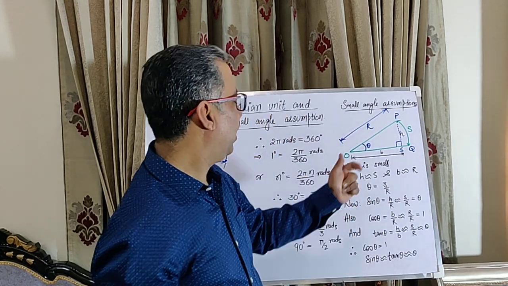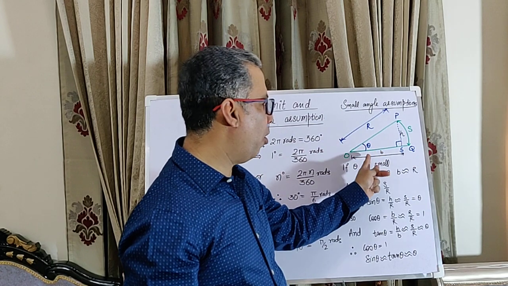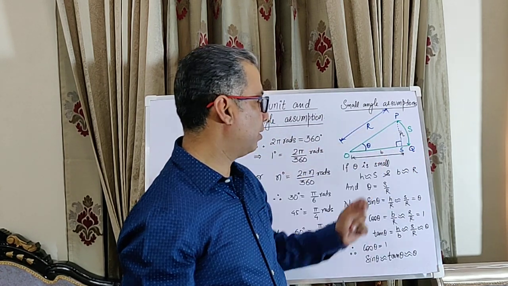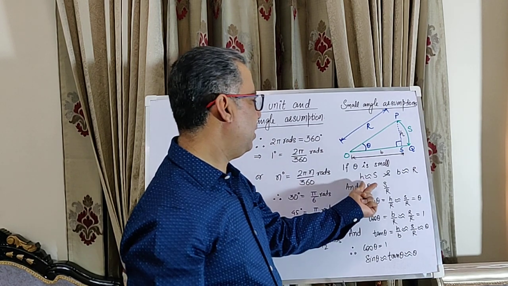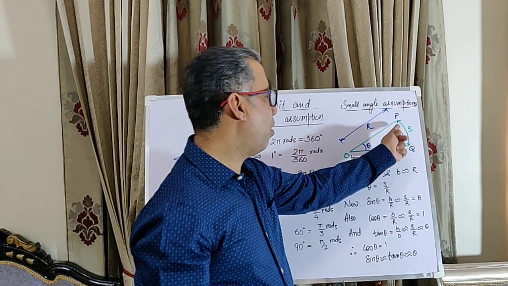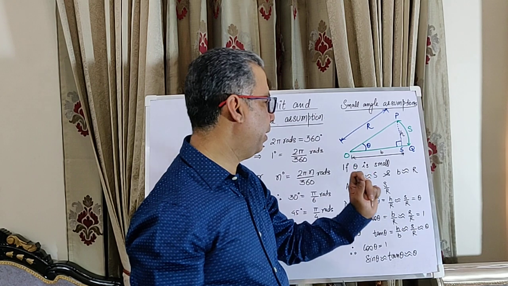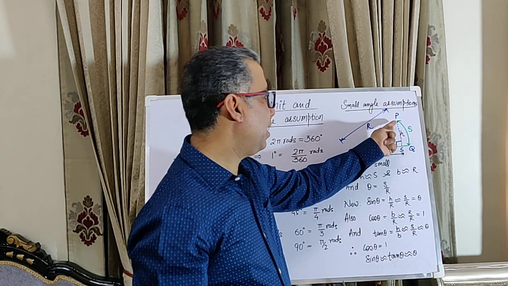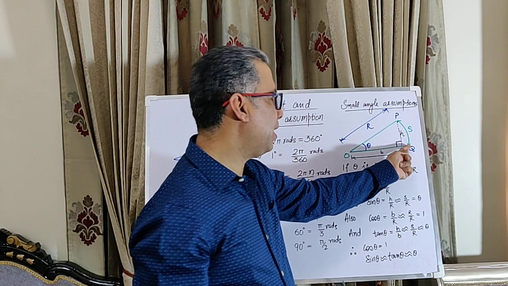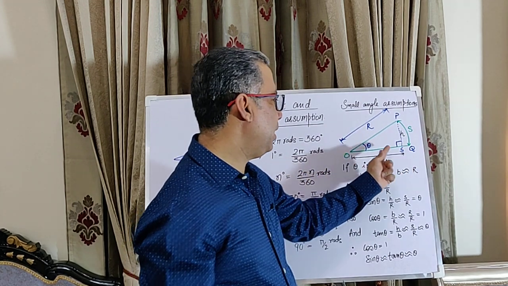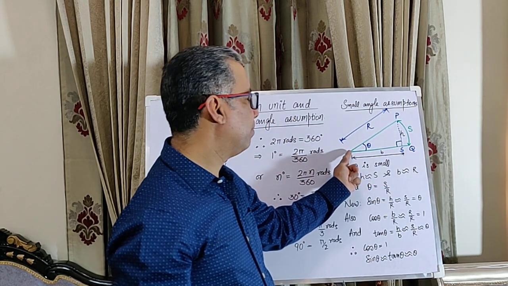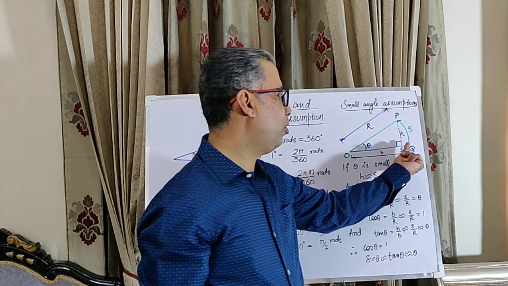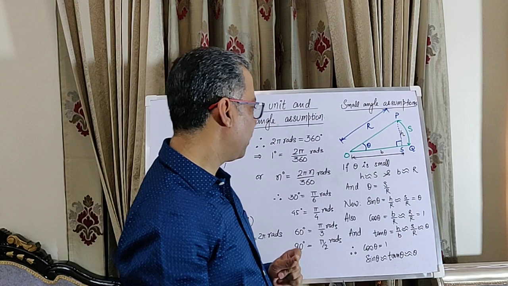Now if the angle is small and the arc length is also a small arc length, then the height or the perpendicular is approximately equal to S. So H is approximately equal to S, and B, the base of the triangle, is approximately equal to R, SQ being a very tiny length.